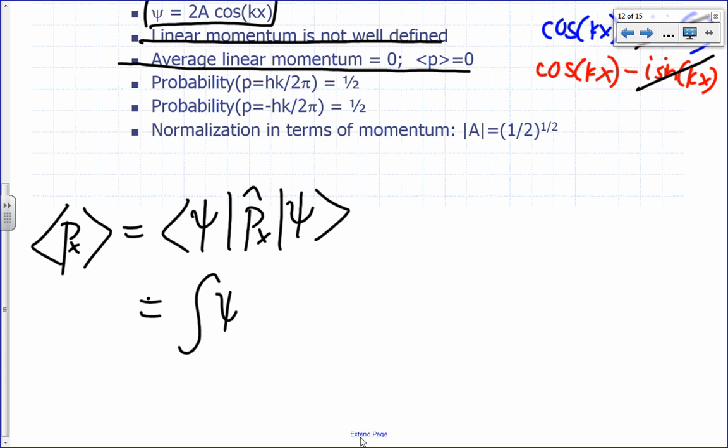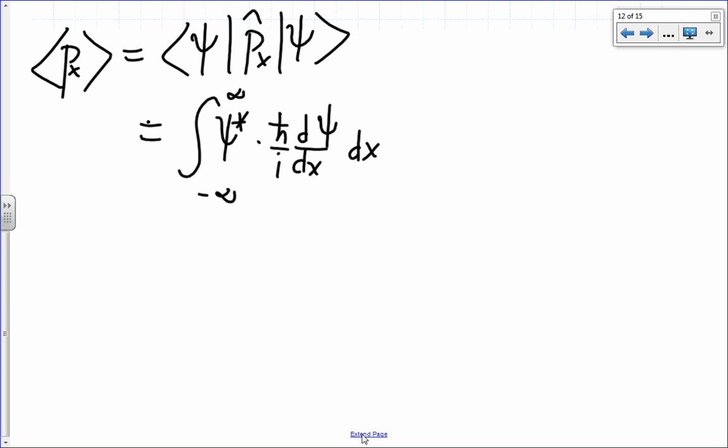So integral of psi star, and px is, what's that operator? h bar over i, derivative with respect to x operating on psi, dx from negative infinity to infinity.